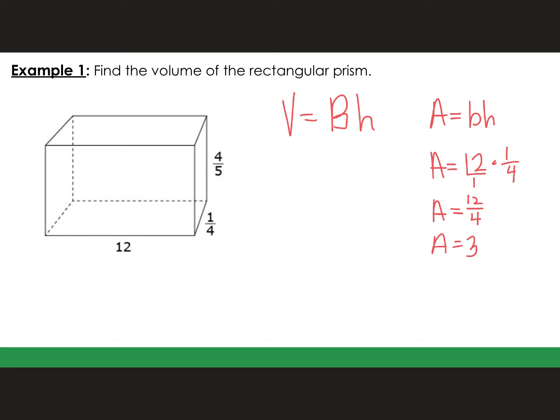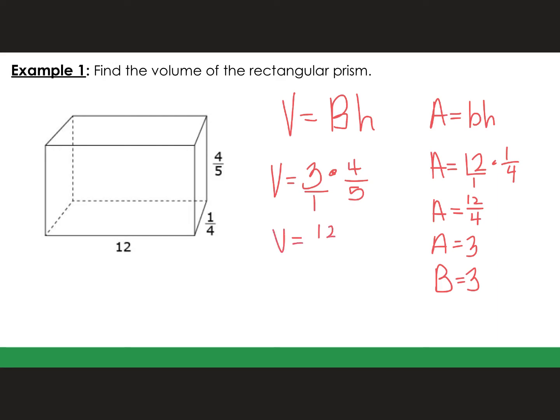Now I'm going to take that, and that is my big B. So my big B equals 3. Now I'm going to plug this into my other formula, and my height of the prism is 4/5. I'm going to multiply my fractions, multiply straight across.